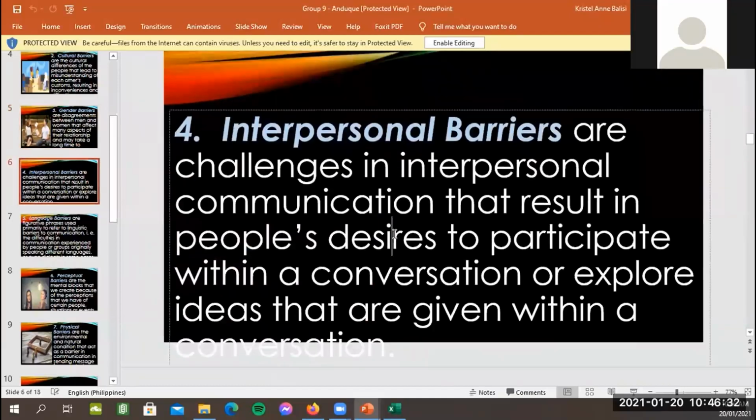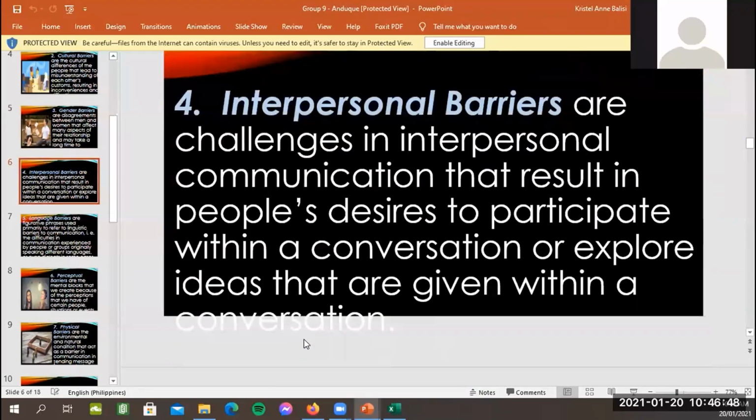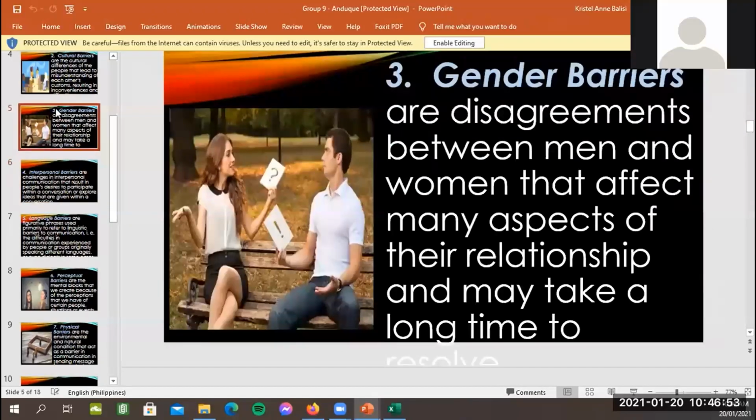Gender barrier po. Ito po, yung gender barrier po, kaya po siya nagiging hadlang sa trabaho kasi po minsan yung workplace, kailangan lang pangbabae lang o panlalaki lang po yung trabaho.